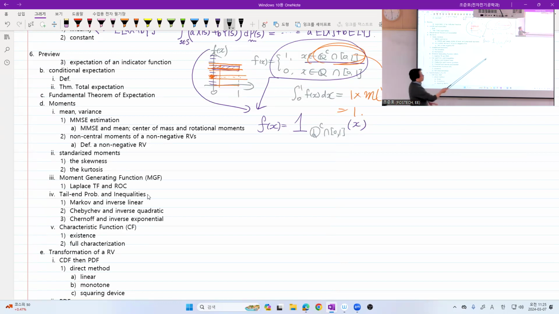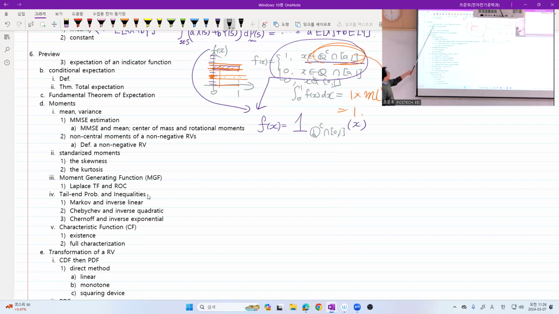So if x is a member of this set specified in the subscript of the indicator function, then 1, otherwise 0. Of course, in this case I have to write carefully, like x not in [0,1]. Anyway, you see the power of the indicator function.